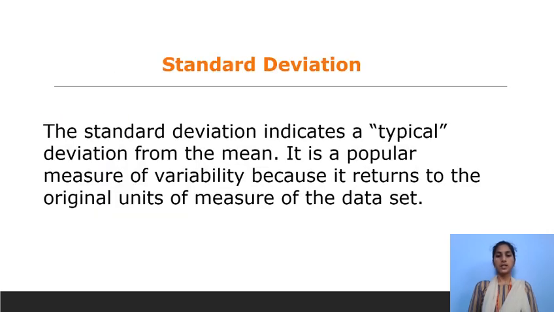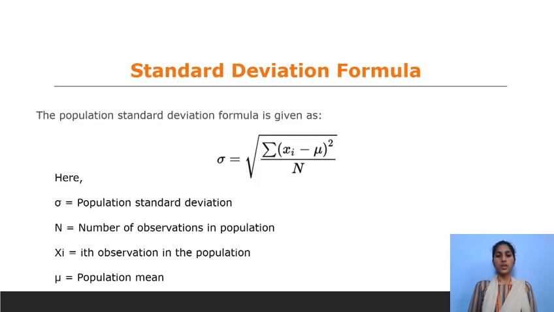Here is the standard deviation. The definition of the standard deviation indicates a typical deviation from the mean. It is a popular measure of variability because it returns to the original units of measure of the data set. And here is the standard deviation formula.